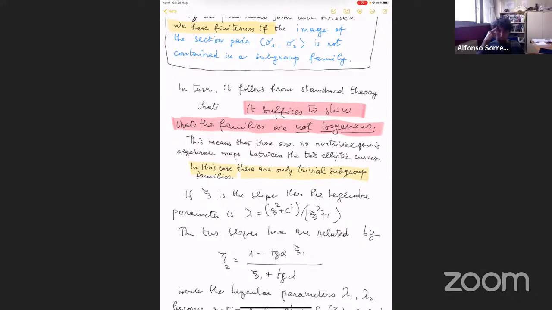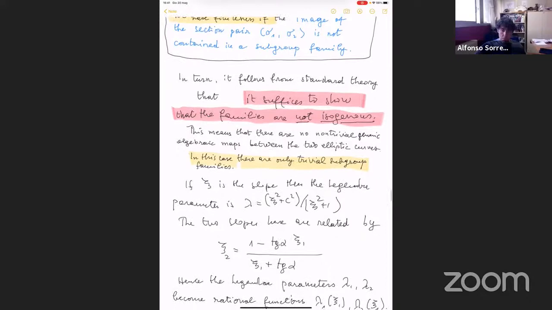This means that there are no non-trivial generic algebraic maps between the 2 elliptic curves in the families. And if this is the case, it follows from general theory that there are only trivial subgroup families. So the condition to apply the theorem with Masser is automatically verified. So to prove the theorem, we have to prove that the families are not isogenous.